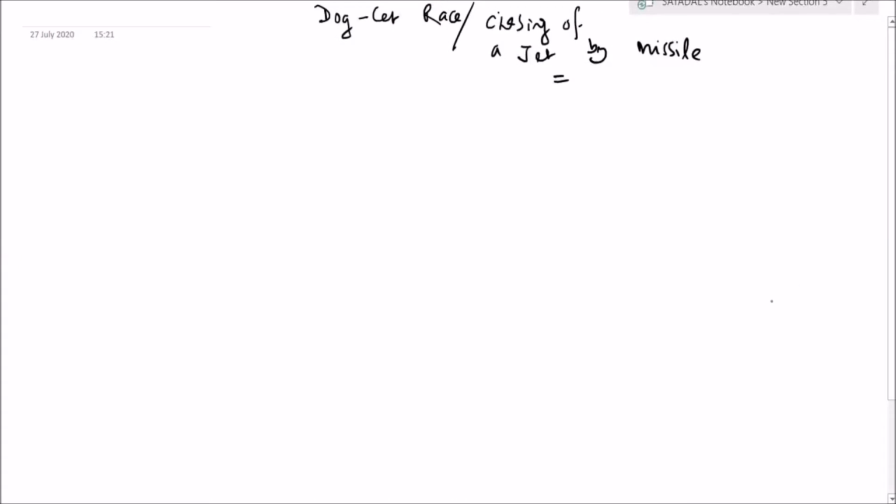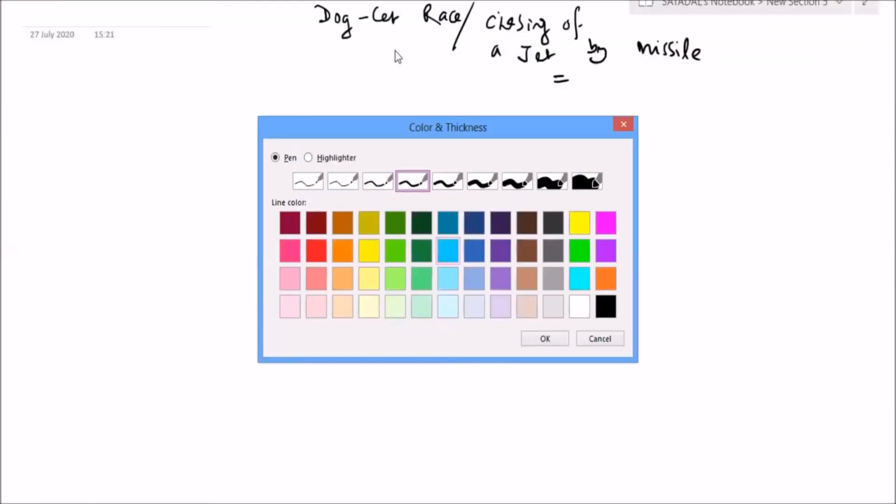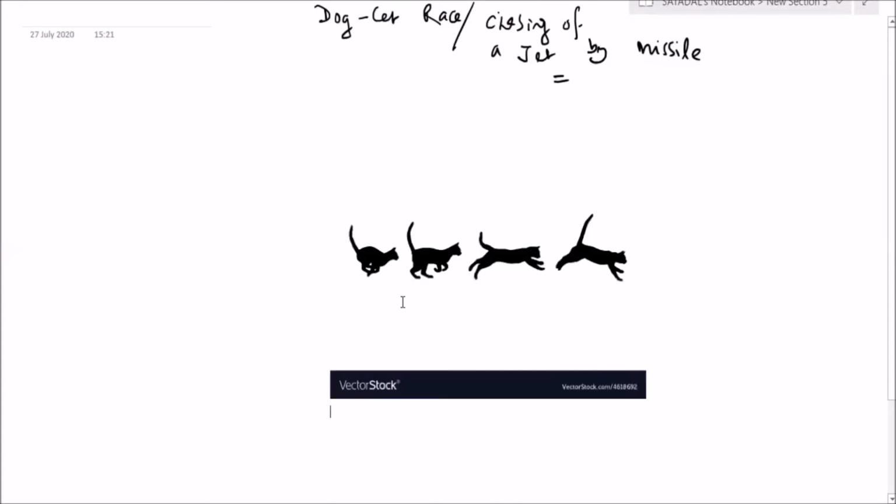See what happens here. First, I will describe the situation. The situation will be very pathetic. Suppose a very innocent cat is running in that direction.